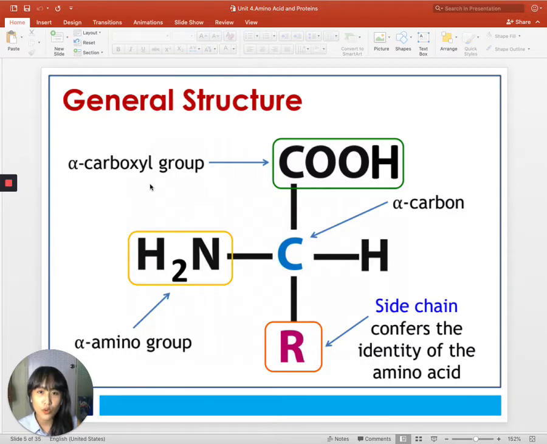Namely, the first one is the carboxyl group, which is the COOH, followed by the amino group, which is the NH2, and a hydrogen atom, and lastly, the R group or the side chain, which gives the unique characteristics of the amino acid in terms of solubility, size, shape, and ionic characteristics. And lastly, it also confers the identity of the amino acid. The R group is unique for every amino acid.